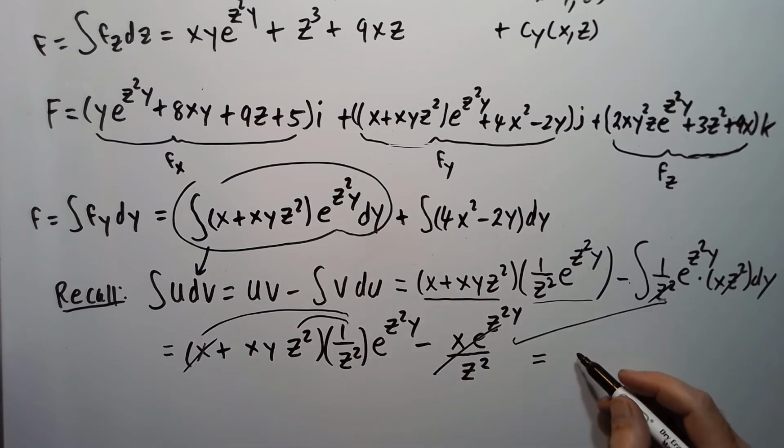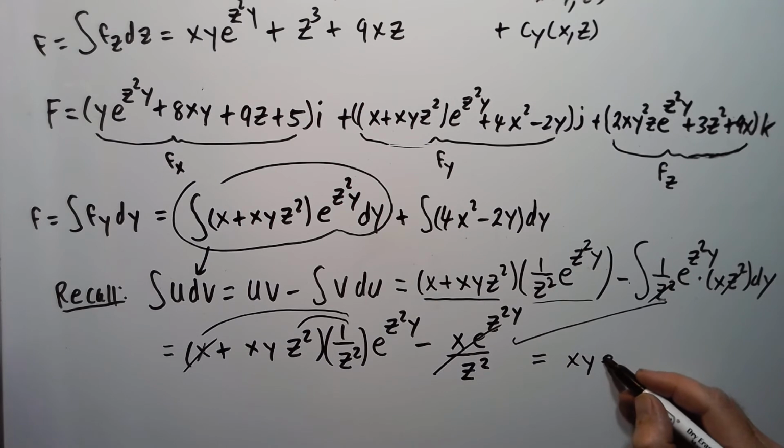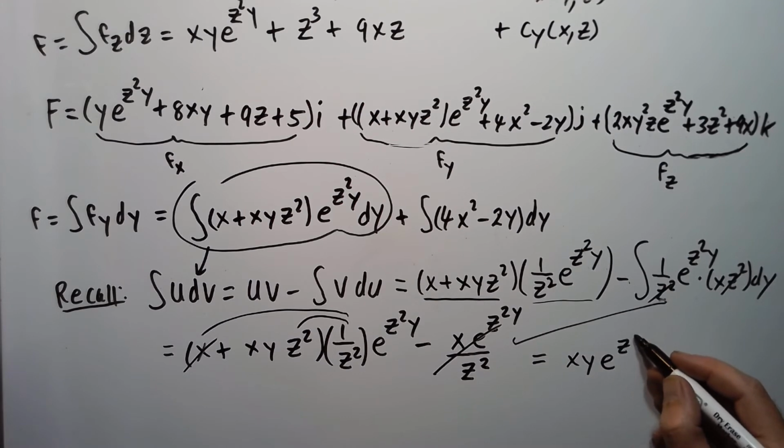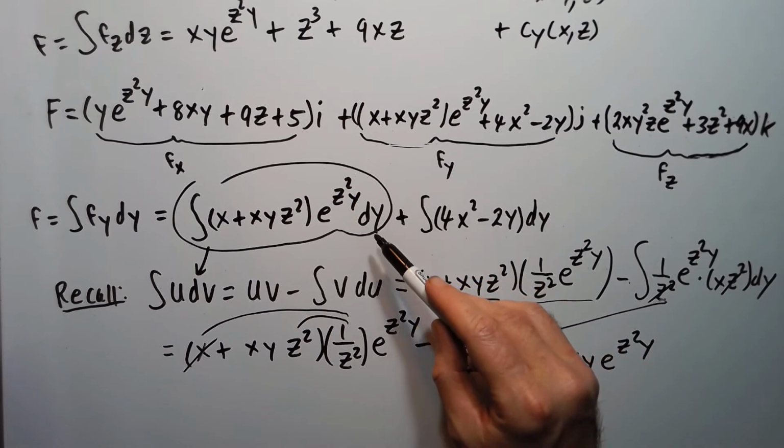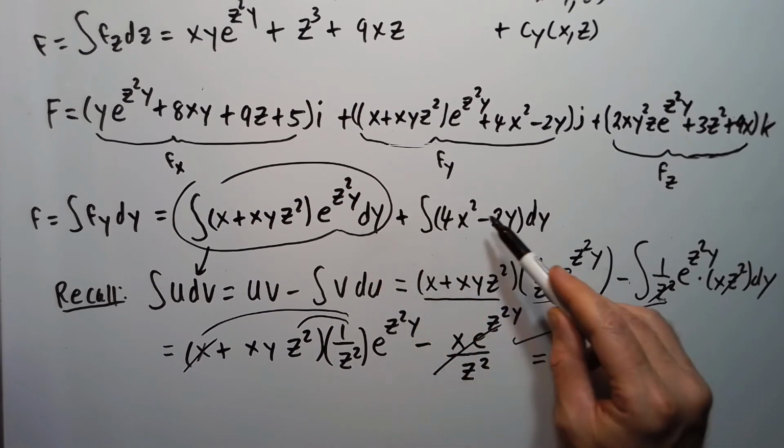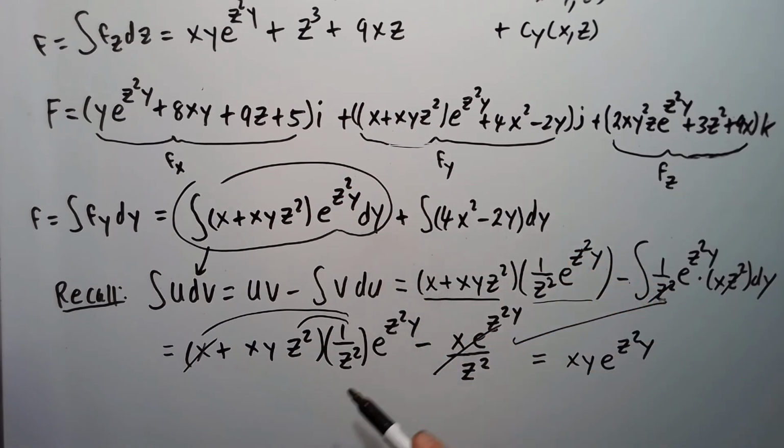The z squared cancel here, so we just end up with x y e to the z squared y. That's equal to the circle piece here. So we still have to integrate this one now. Let me erase this and make that substitution.